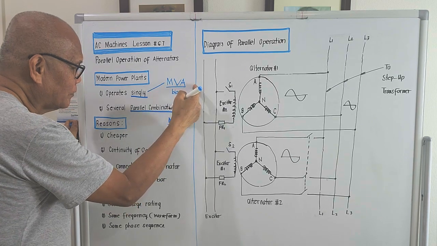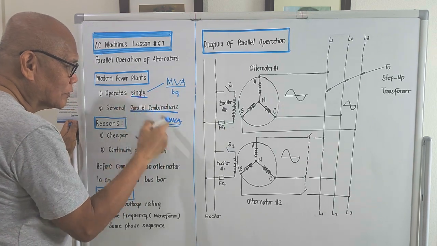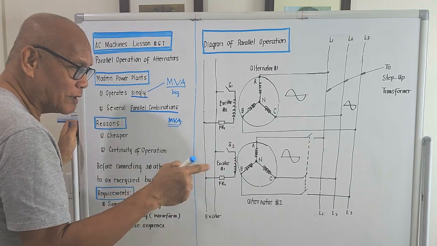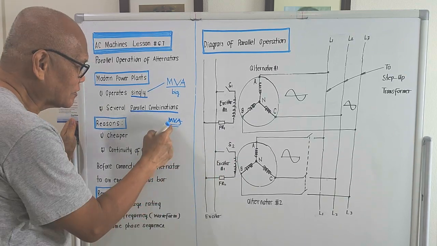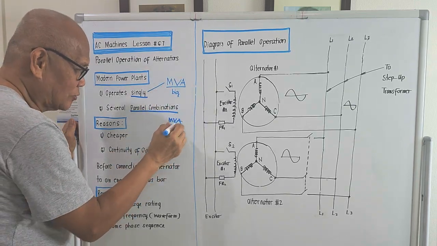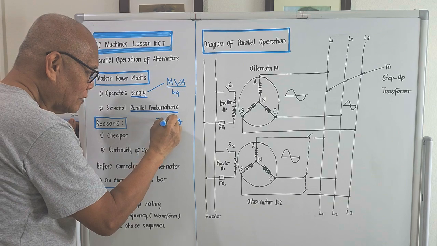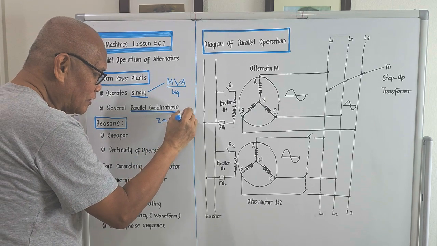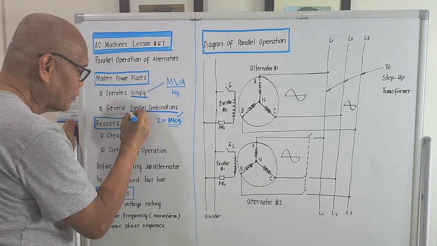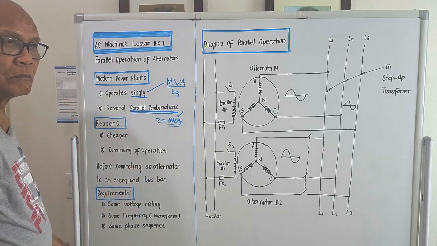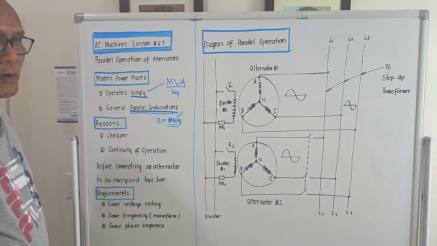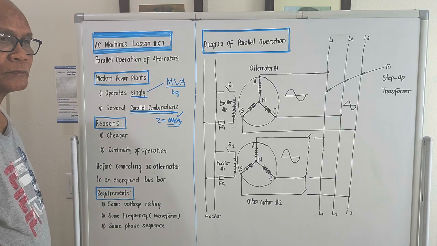The big one could be operated in single operation. But if there are two alternators in which the apparent power is less than the big one, we could operate two alternators with an MVA rating that is less than this, so we could connect them in the so-called parallel combination. So at least we now know when to operate alternators in parallel.